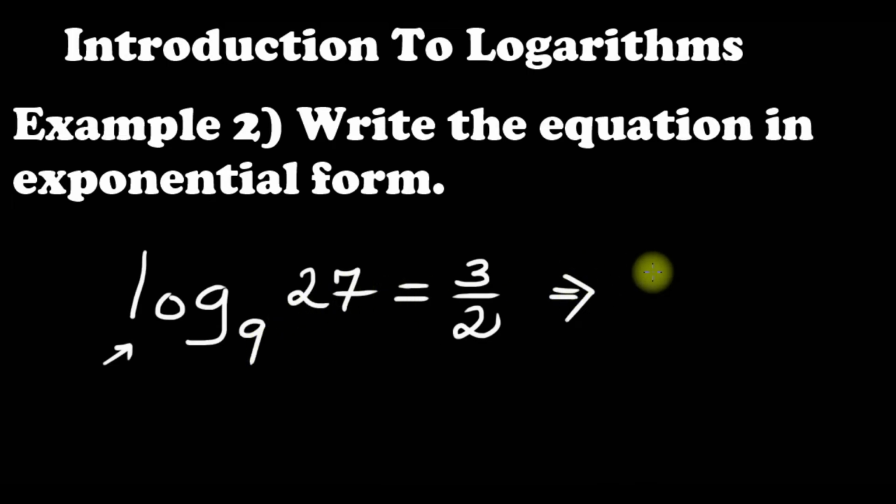So the 9 is the base. The 3/2 is the exponent. So 9 to the 3/2 is the same as 27. So you end up taking the square root of 9 to the third power, which is 27.